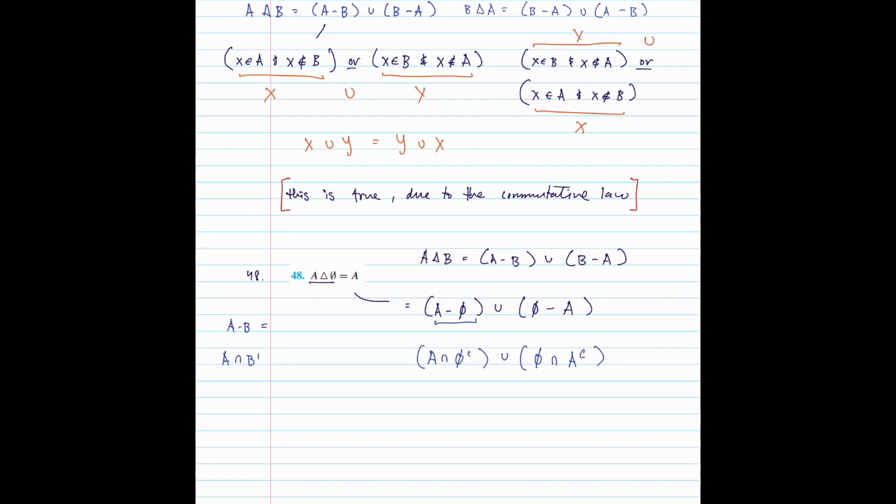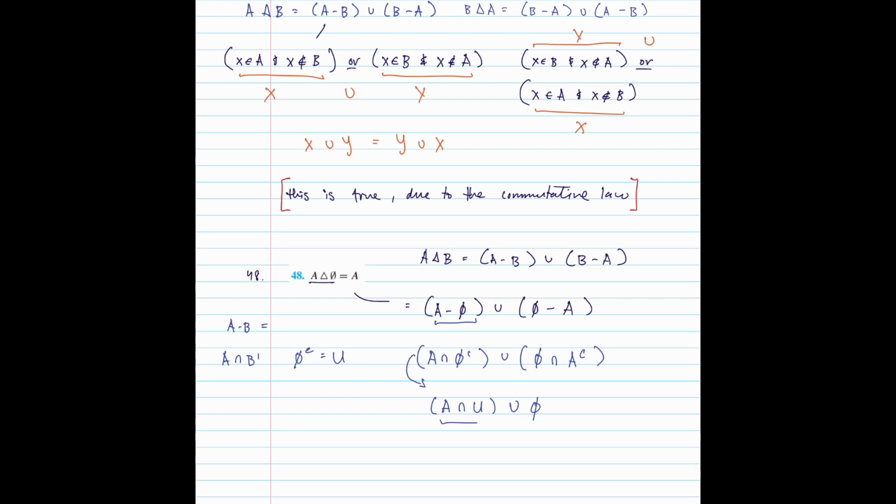And the complement of the empty set is the universal set. So this comes out to A intersection with the universal set, and then this will come out to the empty set, because the empty set cannot share elements with any set. So this will always come out to the empty set.